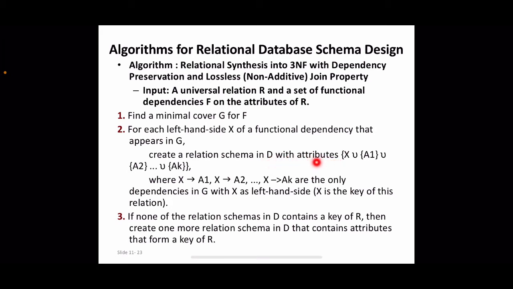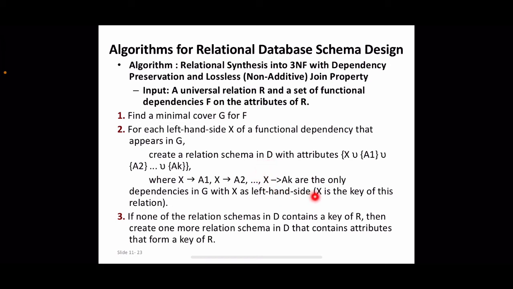We are taking X determines something, right? X is the left hand side. So X union A1 union A2 union etc. AK. What are the A's actually? The A's are the right hand sides of dependencies in which X is the left hand side. So all those dependencies we have to take, and the corresponding right hand side attributes we have to take the union. All these together form the relation schema in D.